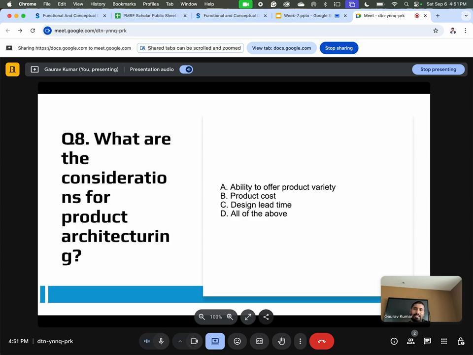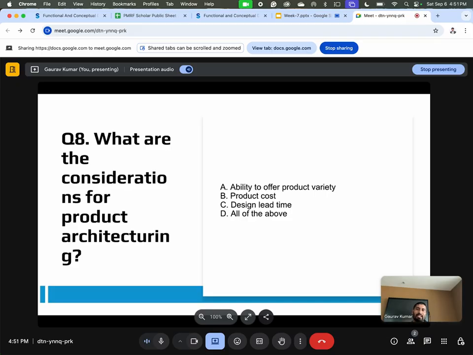And second, cost is a key factor. The way functions are grouped into modules influences the manufacturing expense, material use, and even assembly costs. Poorly designed architecture may lead to unnecessarily expensive products. And third, design lead time must be considered.